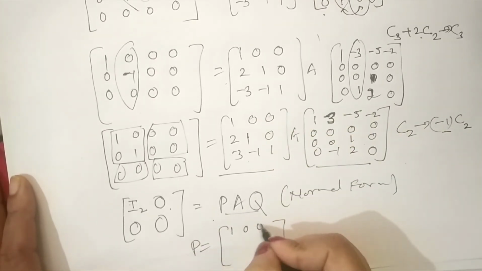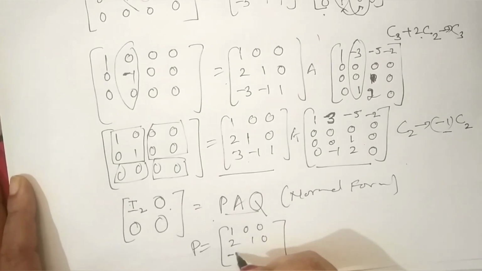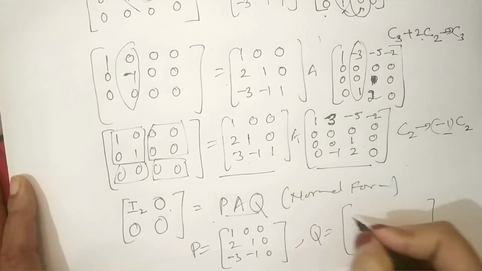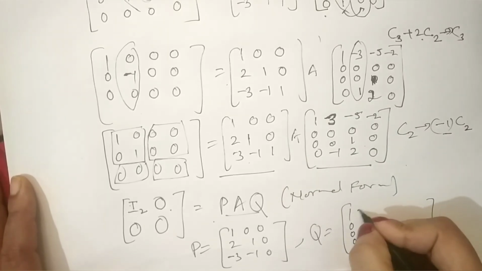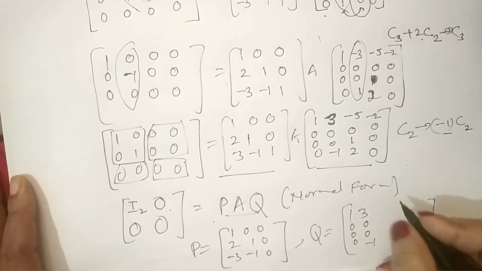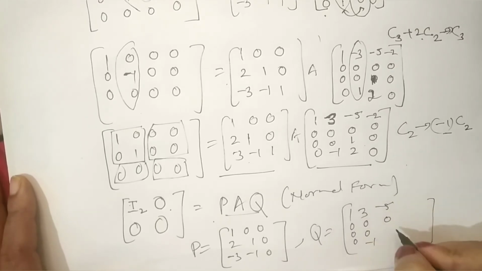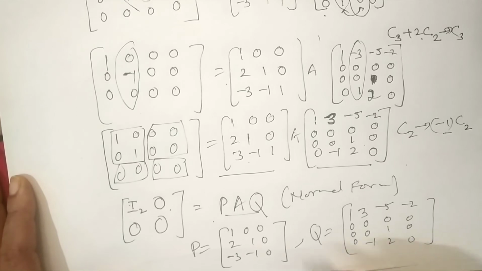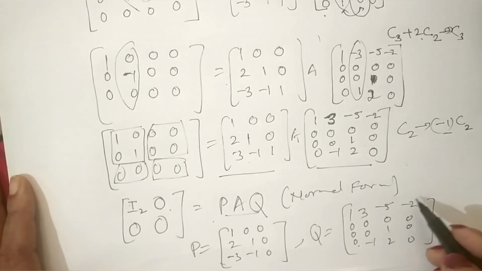It's 1 0 0, 2 1 0, minus 3 minus 1 0. And what is Q? Q is this matrix 1 0 0 0, 3 0 0 minus 1, then minus 5 0 1 2 minus 2 0 0 0. So this is P, this is Q that we need to find.